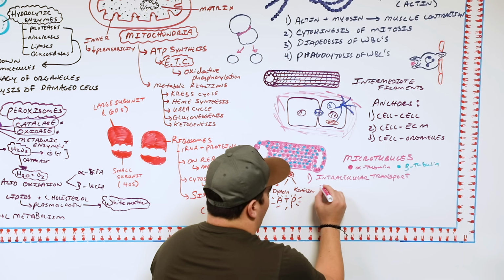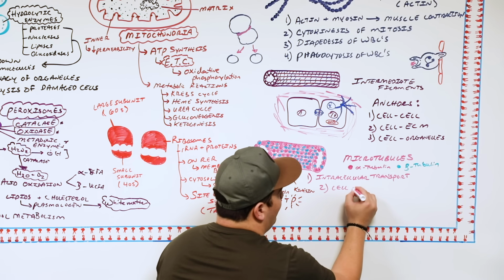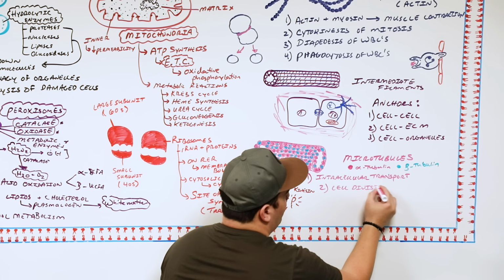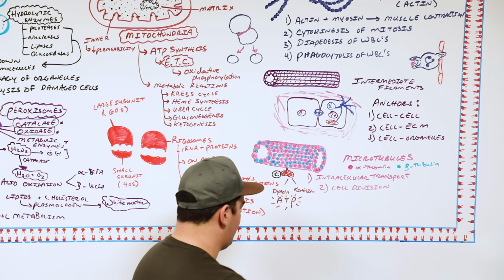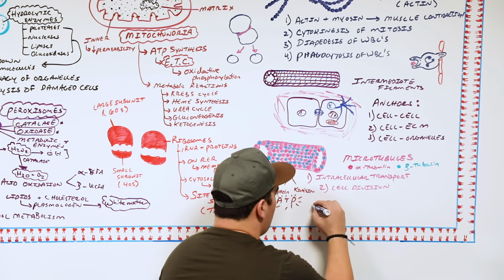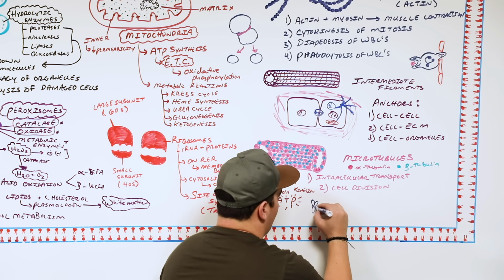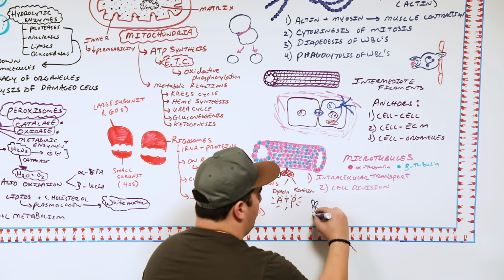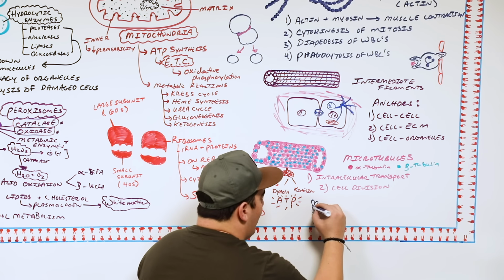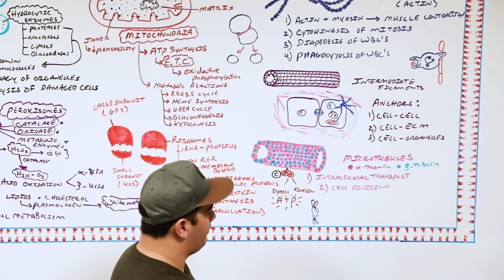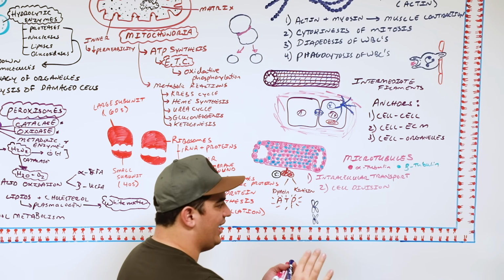The second thing that it's important for is cell division. Whenever a cell is going through the mitosis phase, there is a phase where you have the chromosomes like this, and they're all lined up in metaphase. At that point, at the centromere, there are little proteins on the side called the kinetochore.